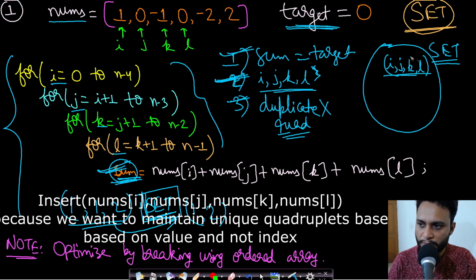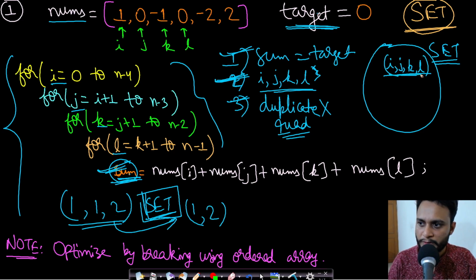It all depends on your implementation. So by storing all these 4 indices, we can make sure that if its sum value is, let's say, 0, then the next time 0 is encountered, we will be checking the current i, j, k, l with the one stored in the set. Okay. If it is stored, then it will not be duplicated.